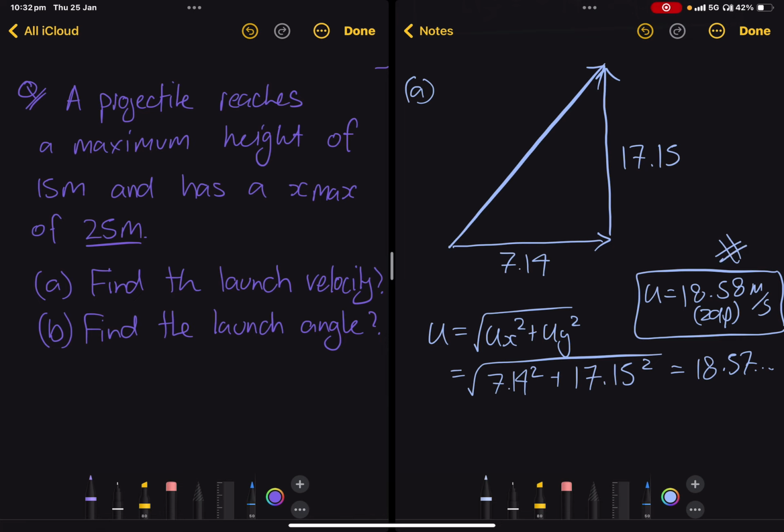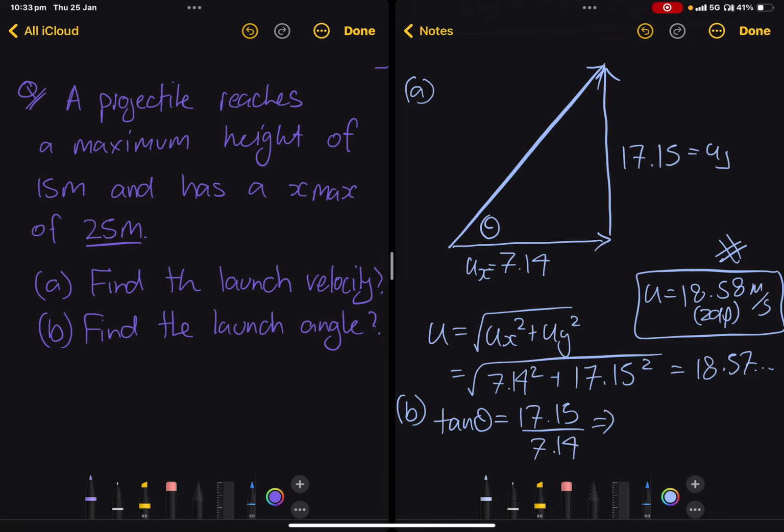Now, because we did all the hard work in the setup to find u of x and u of y, and because we've already drawn this diagram, we can see this is the launch angle. We can see the theta in the diagram we've drawn, and that means we can just use tan to find that angle. So tan of theta is opposite over adjacent, 17.15 over 7.14.